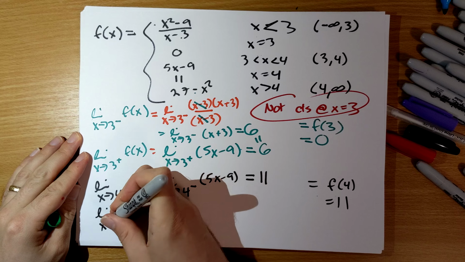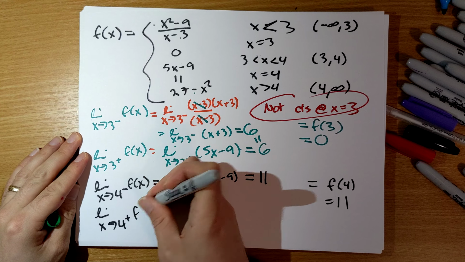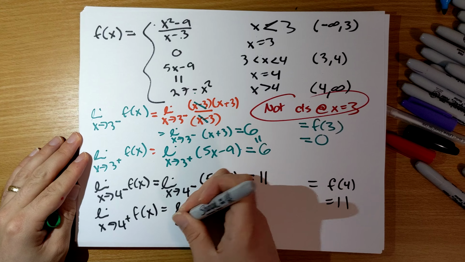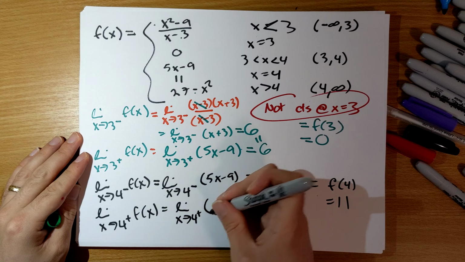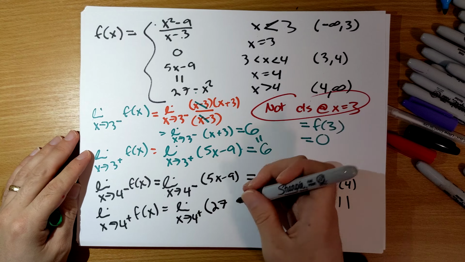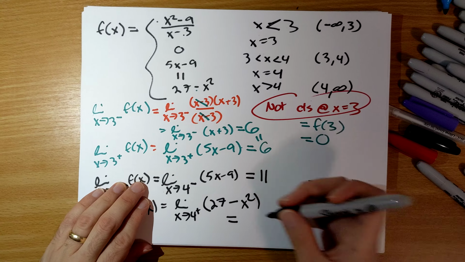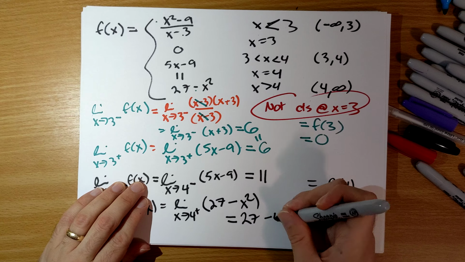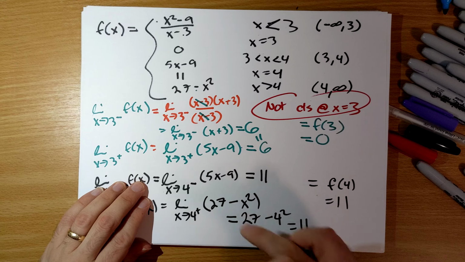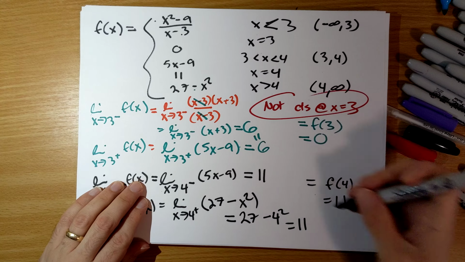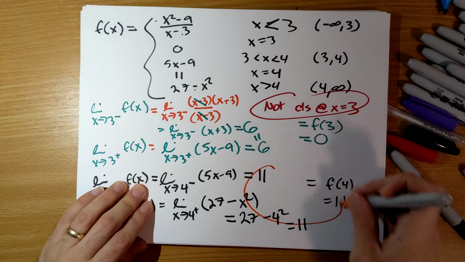We still need to calculate the limit as x goes to 4 from the right of f of x. The limit as x goes to 4 from the right of 27 minus x squared. Again, evaluate this by substituting. 27 minus 4 squared is, in fact, 27 minus 16, which is 11. All of these are equal.